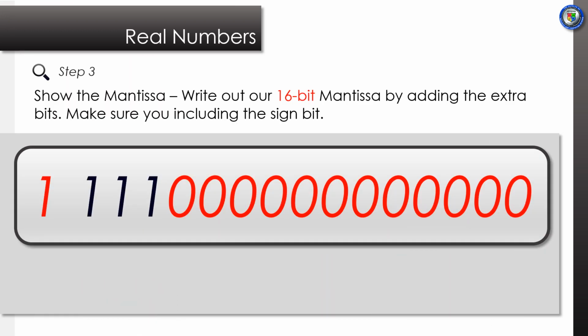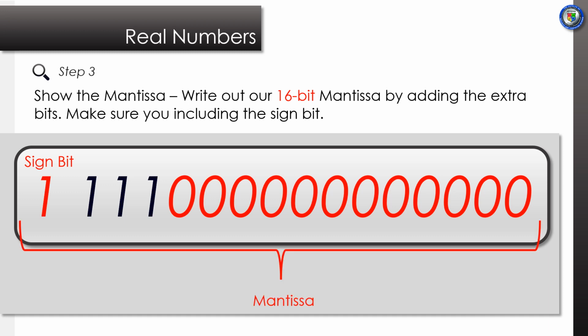We can now show and lay out our 16-bit mantissa. This will include the sign bit, which is 1, our number 111, and by adding an extra 12 bits, all zeros, will give us our 16-bit mantissa.